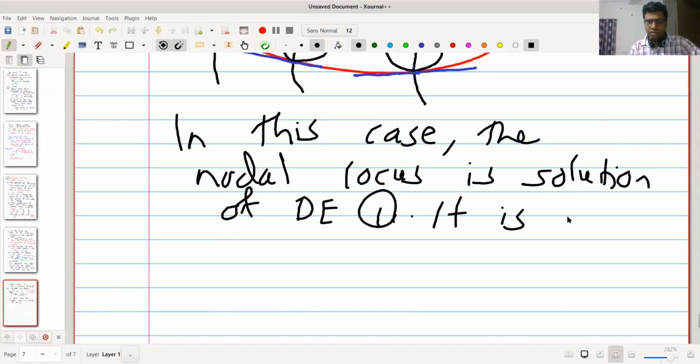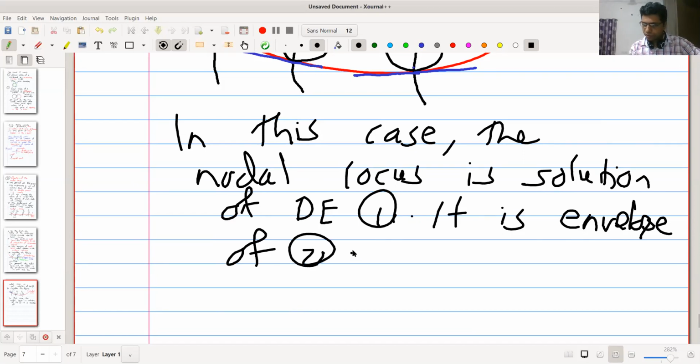It is envelope of general solution 2. Now there is third case, that is cuspidal locus. Before that, we discuss examples.